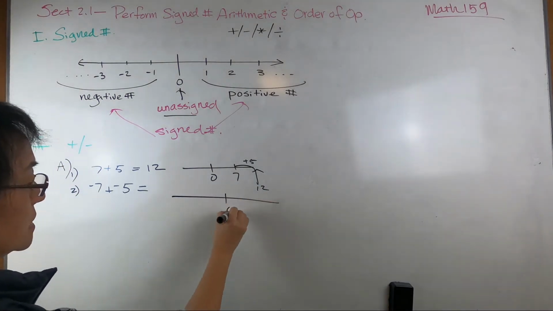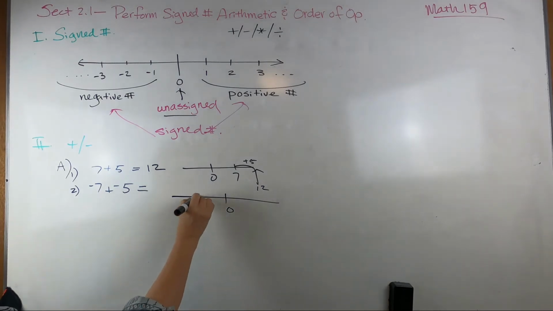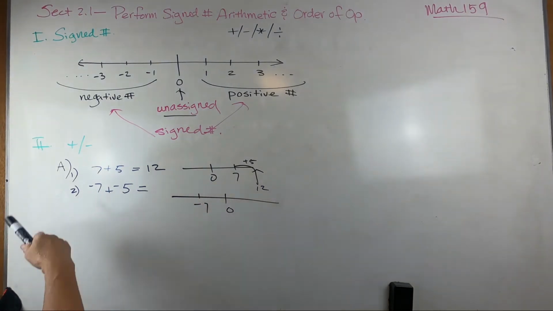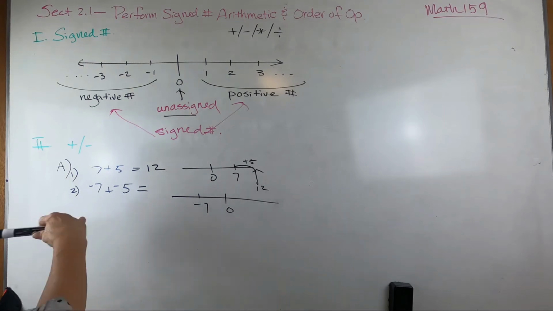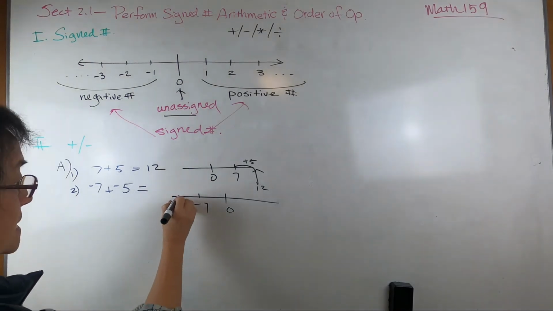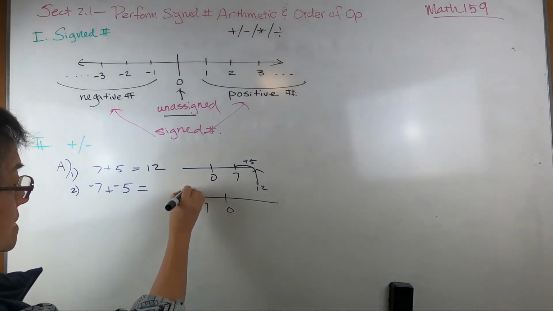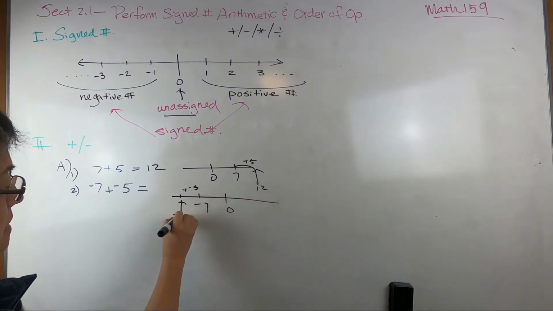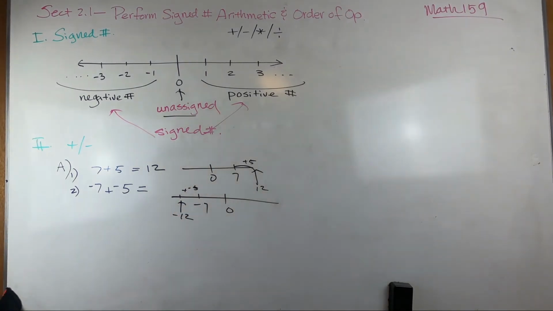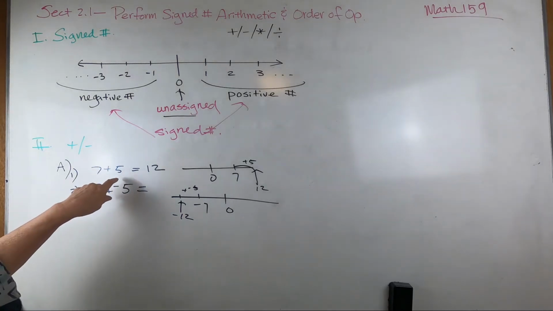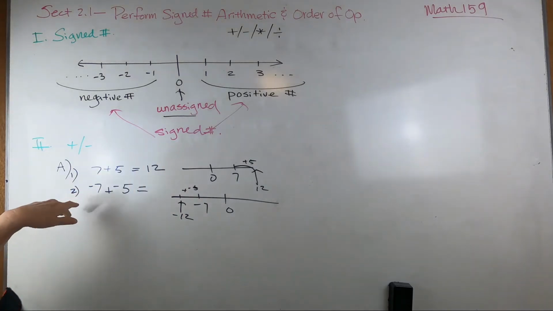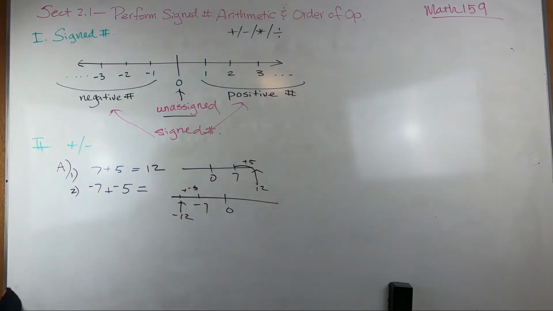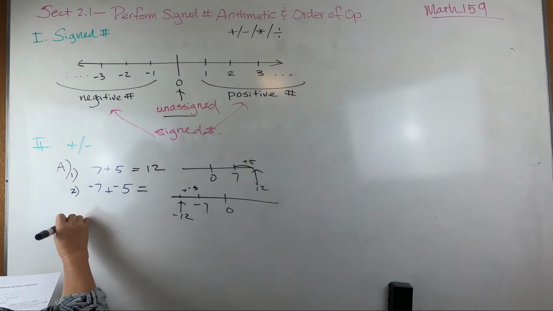If you are at negative 7, that will be on the left-hand side. Then plus a negative 5 means you go left 5 more steps. So you end up at negative 12, right? Or you can think, if you won $7, $5, total $12. If you lost 7, lost 5, total you lost 12, right?